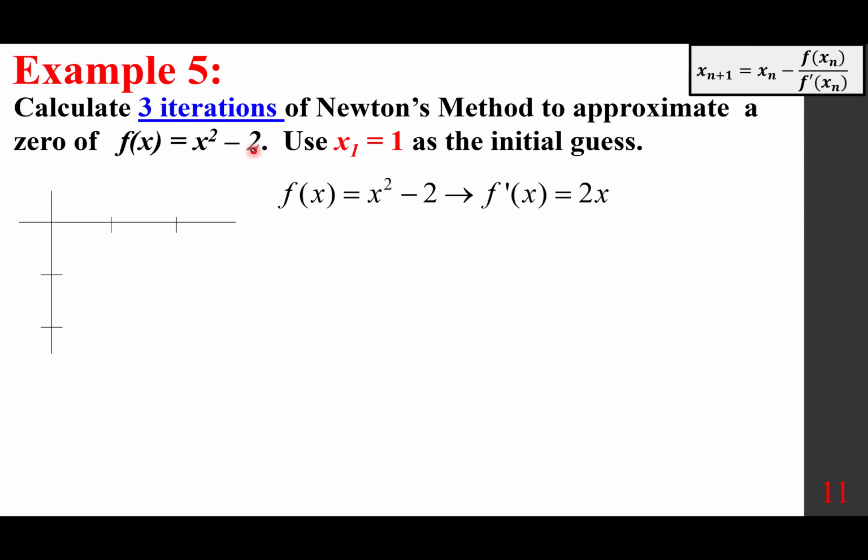By the way, the graph of y equals x squared is a parabola. X squared minus 2 comes down, and it looks like that. X sub 1 equals 1. So this is the location, x sub 1 equals 1, and this is the point. We can draw a tangent line, and we can find the equation of a tangent line, right?